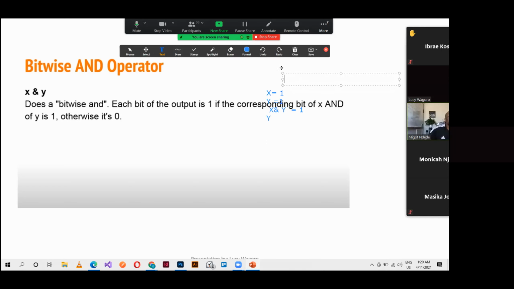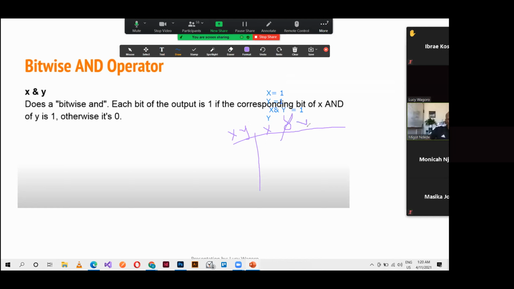So on the truth table, I'll draw the possibilities. I can have X, and then I have Y, and I have the result, which is now X and Y. It is not easy drawing that.